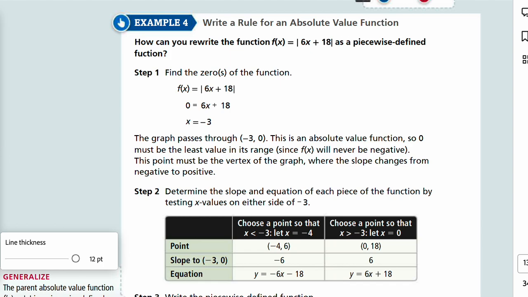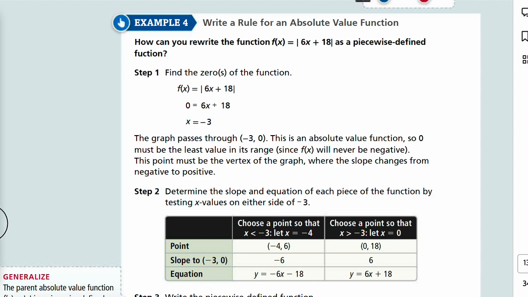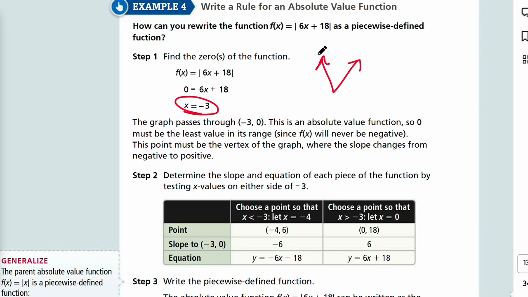So you will see two different slopes. And 0 will be the least value. Because this is a positive graph, it's going to be a V shape facing upward. Okay, so the slope will be negative first and then a positive.